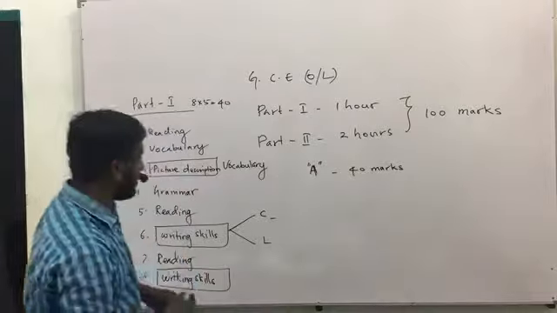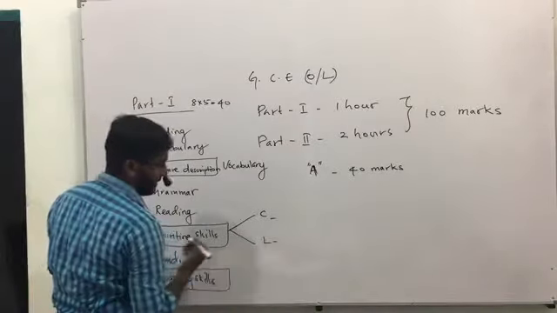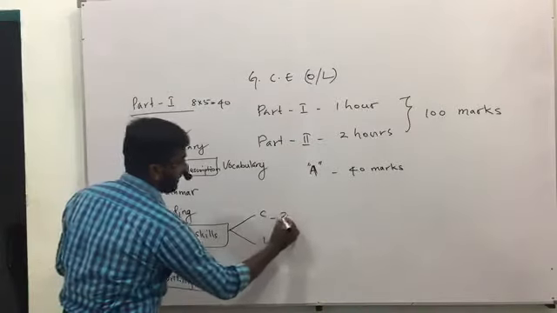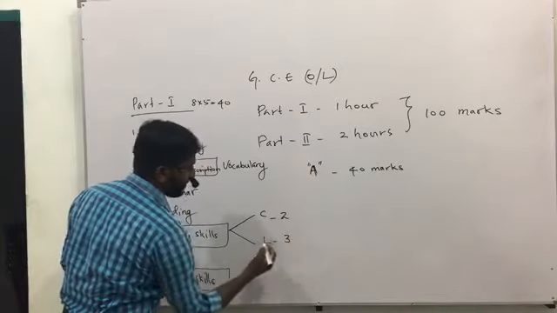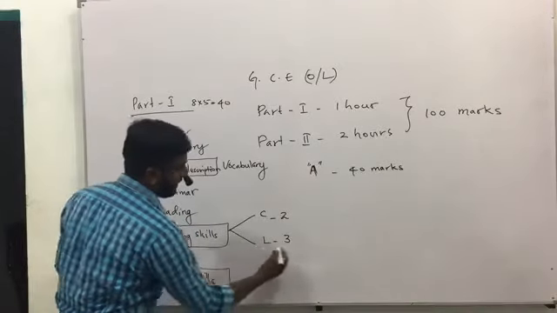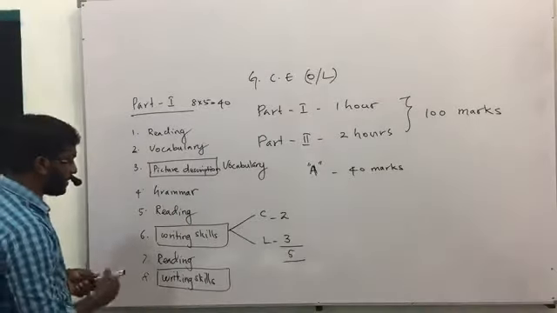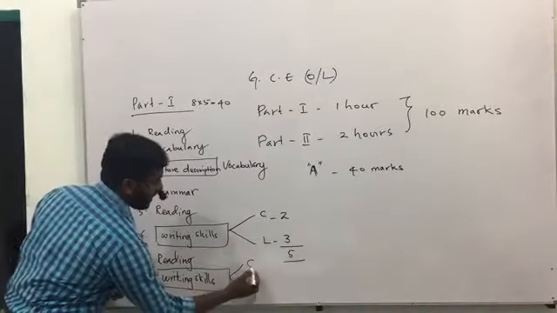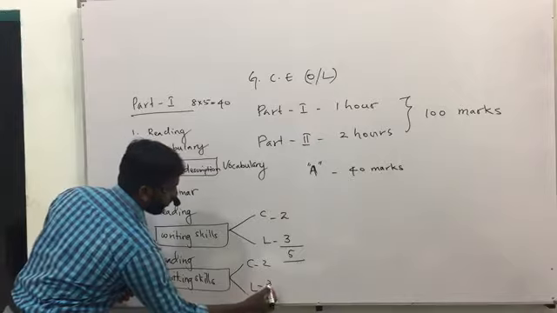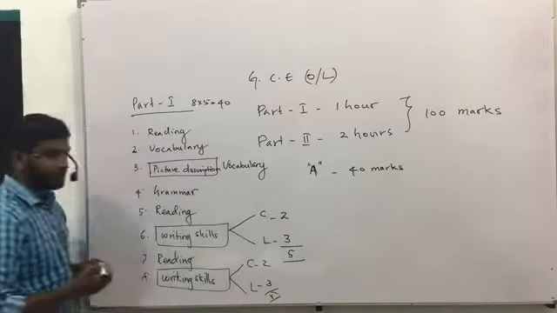For example, this is C and L. Content has 2 marks allocated, and language has 5 marks allocated. Likewise, question number 8 also has content for 2 marks and language for 3 marks, altogether 5 marks, right?